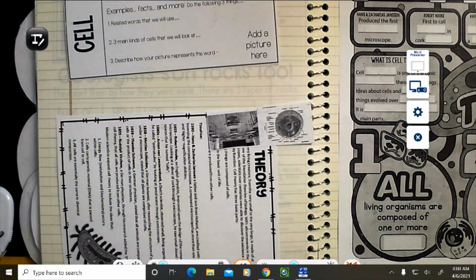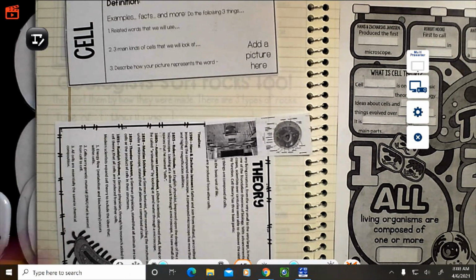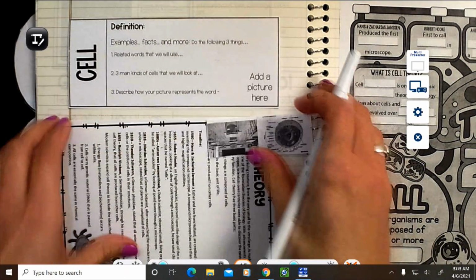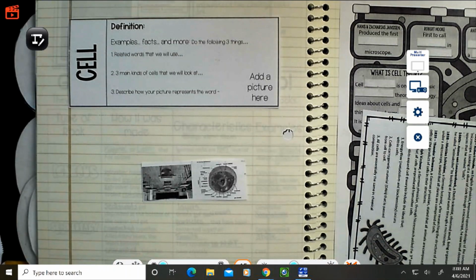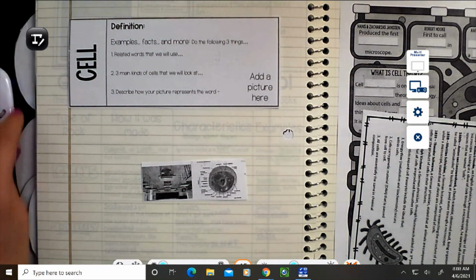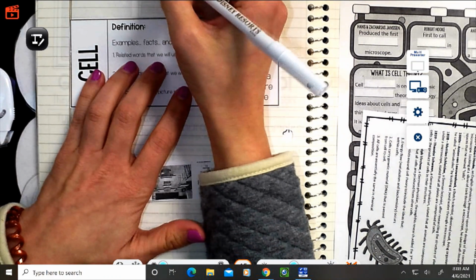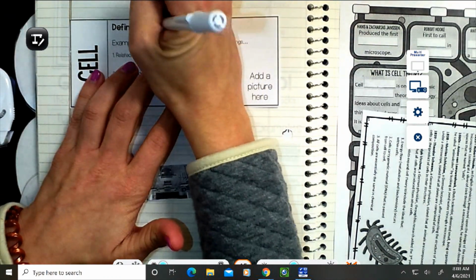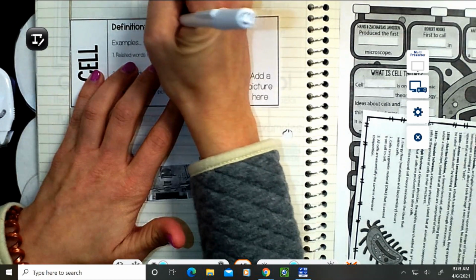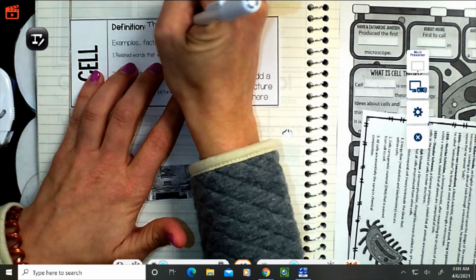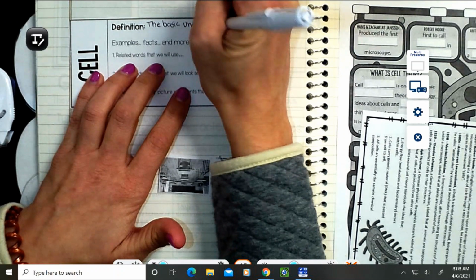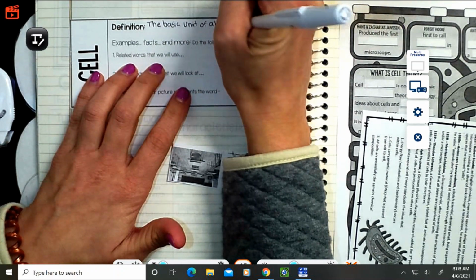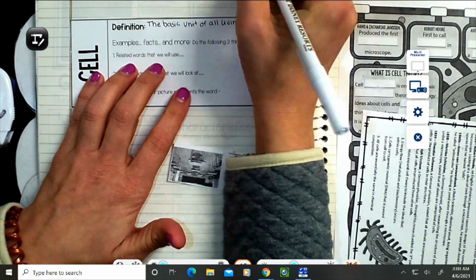Okay, so this is for page 1. I'm going to do the definition of cell. So cell. What is a cell? Remember, a definition is the meaning of the word. So cells are the basic unit of all living things.